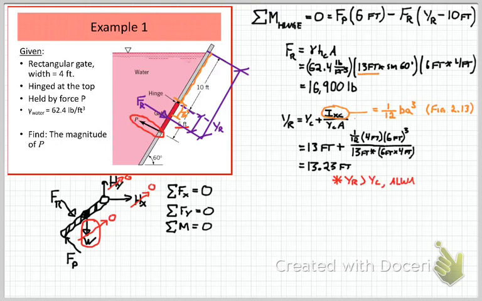So I calculate 13.23 feet for the location where that is acting, so 13.23 feet measured along the incline from the water surface, and YR is always going to be greater than or equal to YC. The case where those two are equal is a flat plane, or a horizontal planar surface.